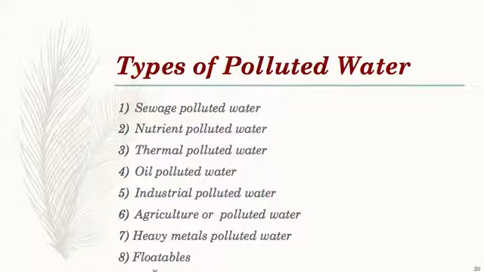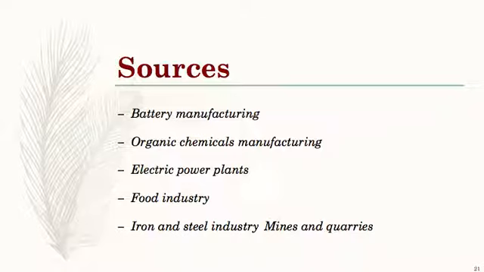And floatable is the term defined for the litter that floats on the water surface. They may include many plastics such as milk bottles, motor oil containers, and plastic grocery and shopping bags, which are also a major cause of creating polluted water in our atmosphere.